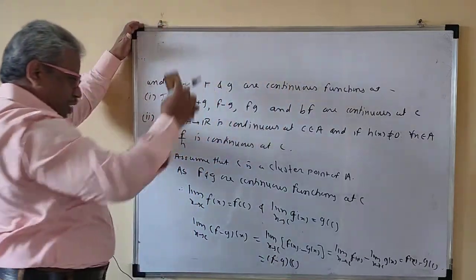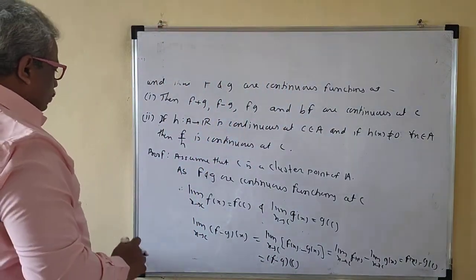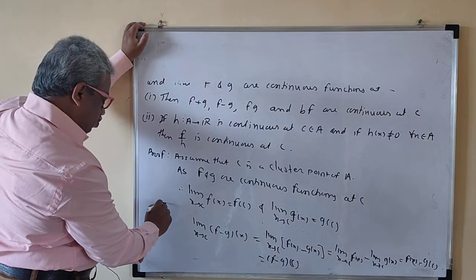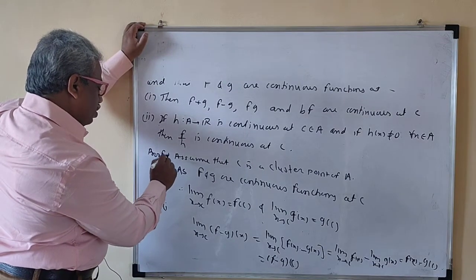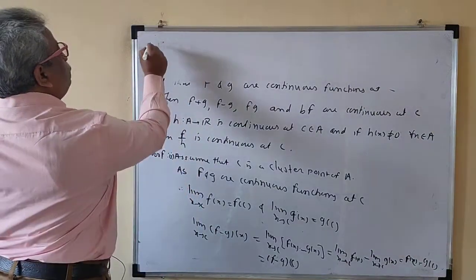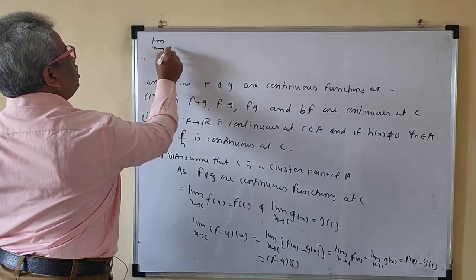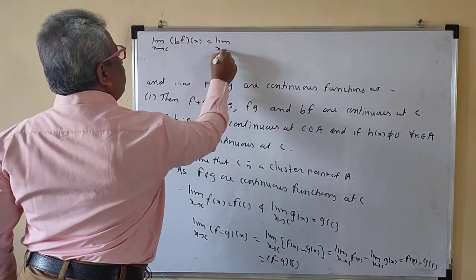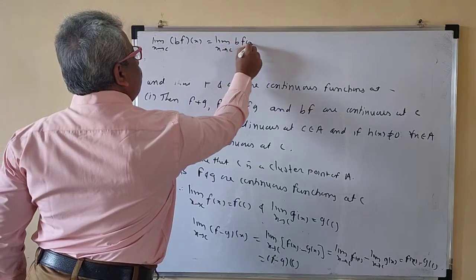That is bf. Now limit x tends to c of bf of x is equal to limit x tends to c of b into f of x.